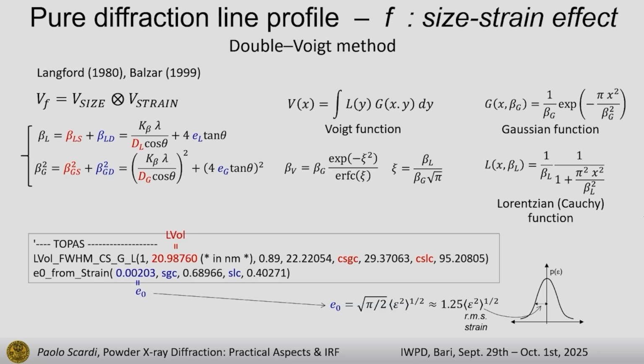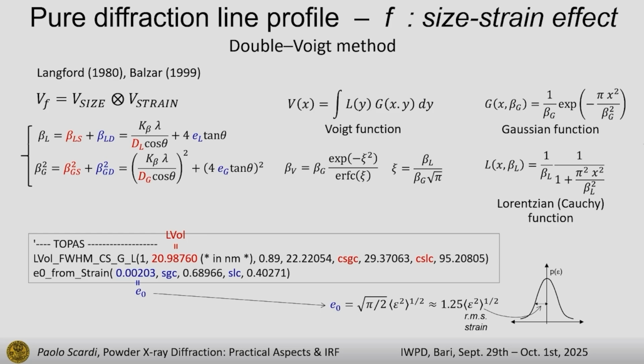But the problem is this assumption is quite limited, because it's valid only if your microstrain is uniform in your material, which is clearly not the case of a dislocation or grain boundary strain. So it is nice, you can use this factor, but in the end, you try to be too precise and accurate on something which is not. So in the end, nobody uses this factor of 1.25, or say, few people do that, just because the very meaning of this mean strain is not so well defined.